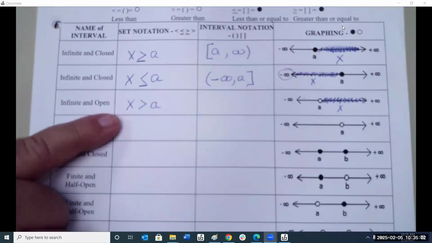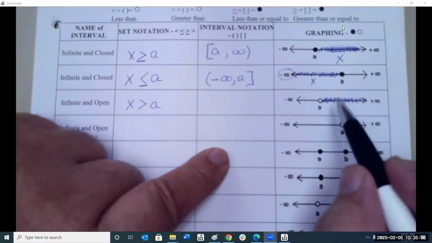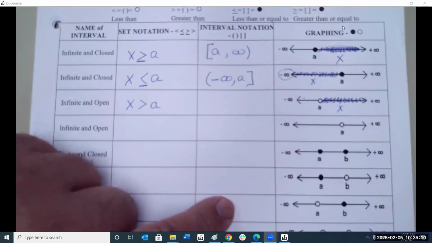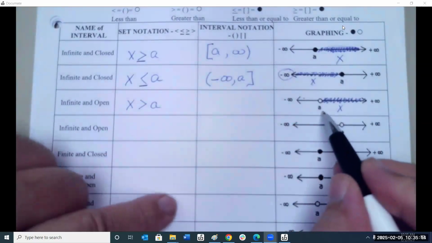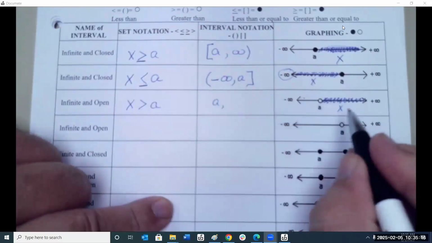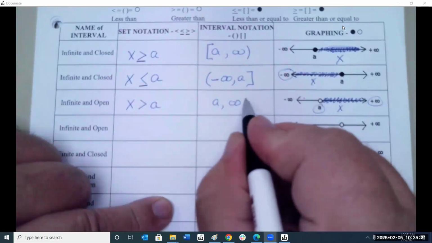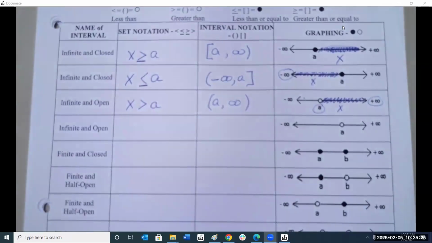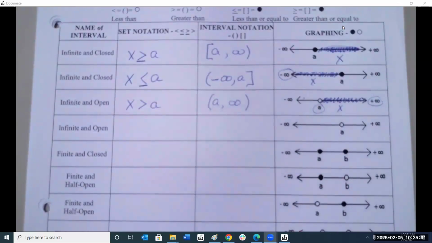Can I include A? No, it's open. Now for the interval, what's my smallest, what's my largest number? Here's my interval. I go from A to infinity. Infinities, I cannot use A, so it's also a parenthesis. Because it's open, I cannot use it.